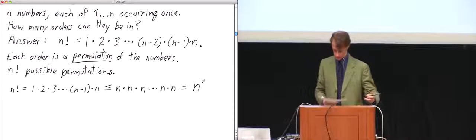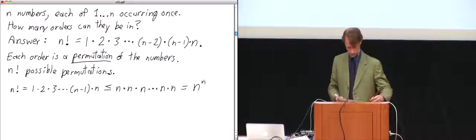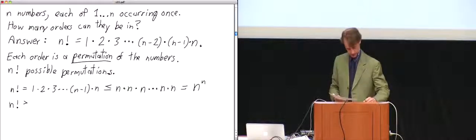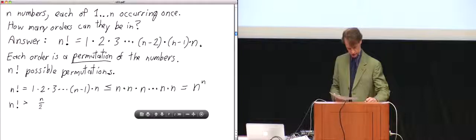I want to have a lower bound as well. So what I'm going to do is I'm going to just pick out half of the terms, the terms starting with n over 2.